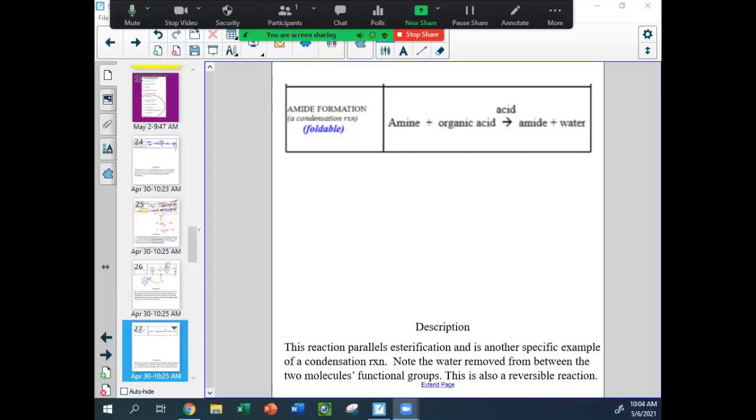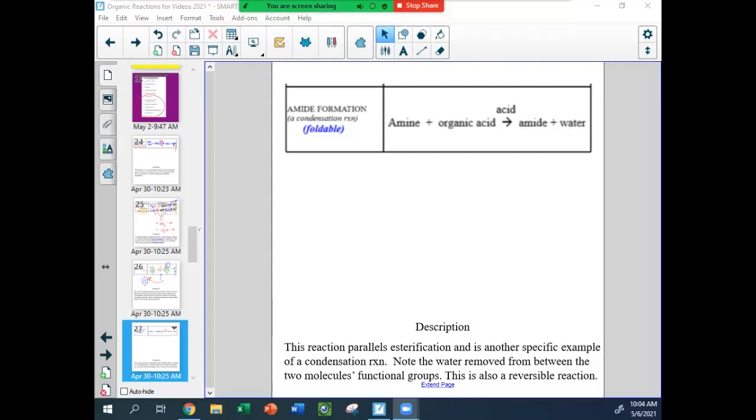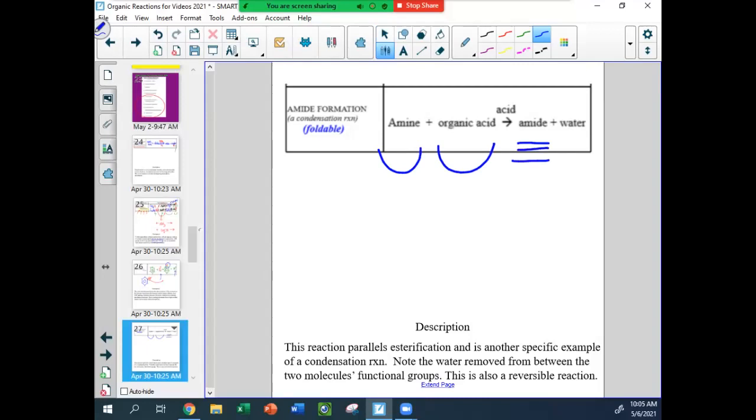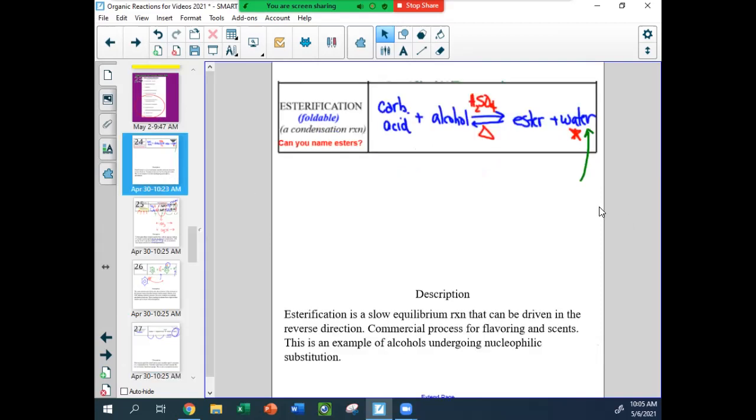So, as seen on the board, you should be able to write out by name or structural formula any amine combining with any organic acid to make an amide. And don't forget that water is the second product. In both esterification and amide formation, you need to consider the formation of water.